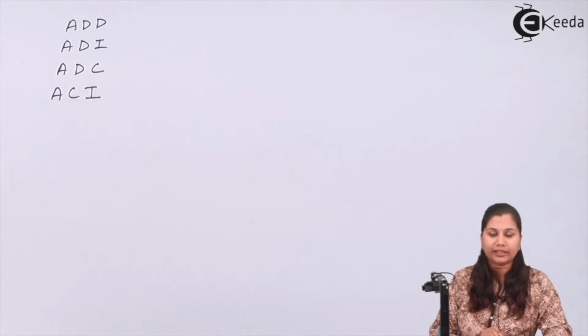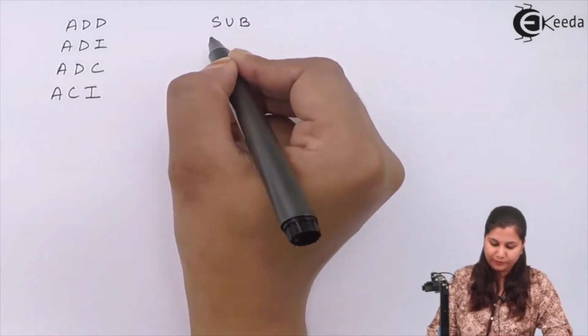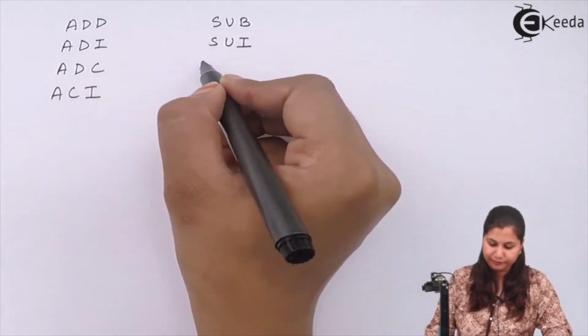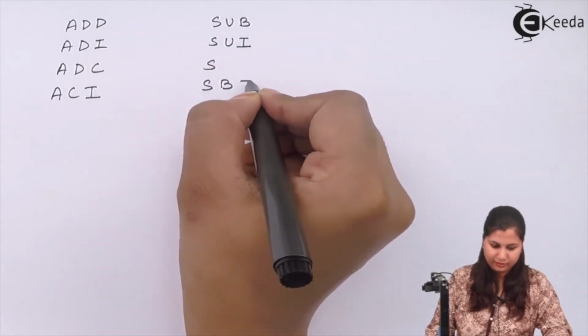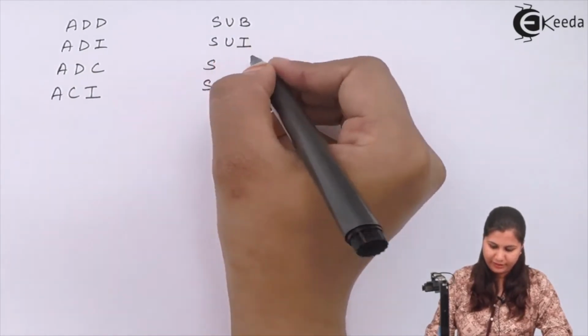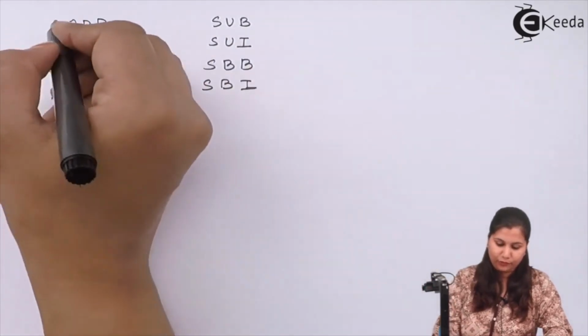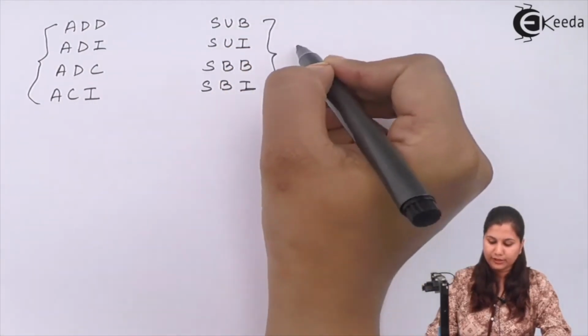These are for the addition. And for subtraction we have SUB, then SUI, then we have SBI and we have SBB. So these four were for the addition and these four were for the subtraction.